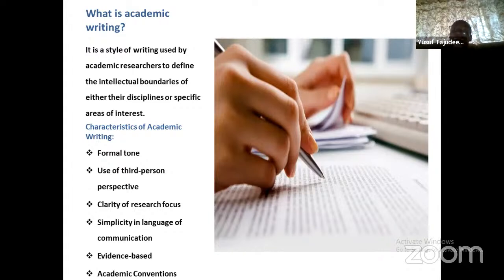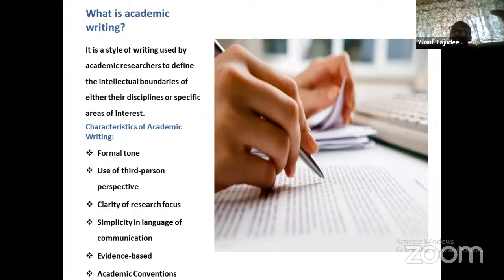So academic conventions. What do we mean by academic conventions? These are the styles and the ethics used in science in academic settings. So this ranges from the kind of ethics that you take while conducting your research, and this also involves the way you arrange your papers.